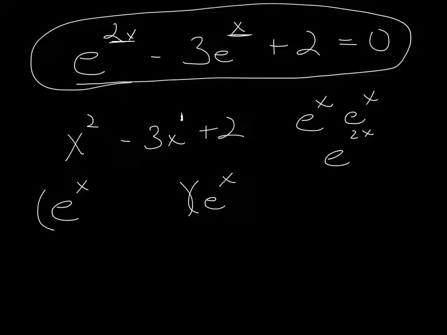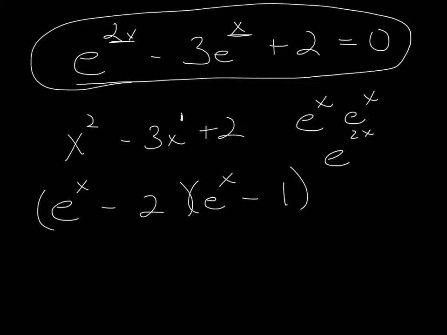It's really cool. E to the x times e to the x is e to the 2x. We add exponents, right? Yes. What are factors of 2 and 1 that when I add them together give me negative 3? So we need a negative 2 and a negative 1.